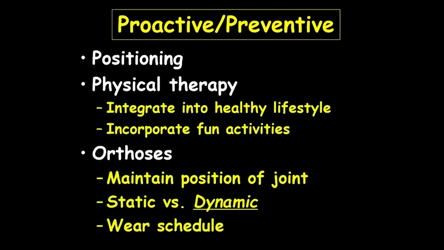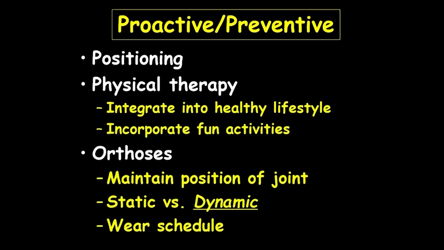Proactive or preventive strategies are available to try and slow down or prevent these contractures from developing, and one would be trying to have daily sessions where the joint is positioned in an extended position, for example, lying in the prone position for hip flexion contractures.